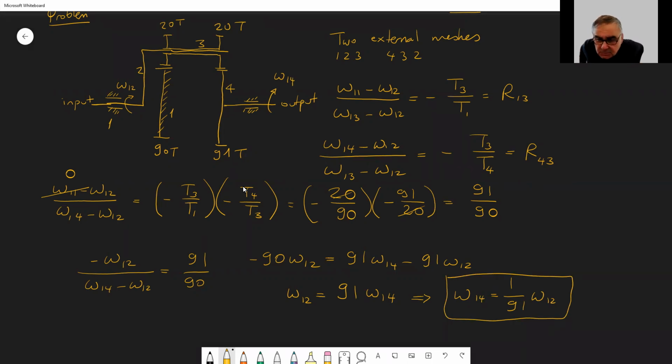And as you see, it's very interesting because you achieve a speed reduction of 91 times, which is quite unusual. With a regular gearbox, this is very difficult to achieve in this amount of space, okay? So you can say that the speed is reduced.